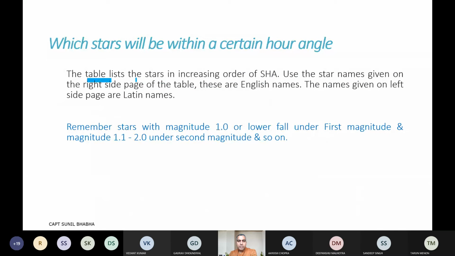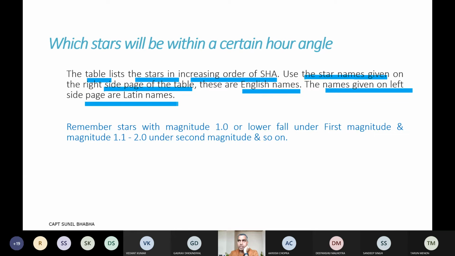Now the table lists the stars in increasing order of SHA. We use the star names given on the right side page of the table, as I told you before, as these page names are English names. The names given on the left side page are the Latin names.